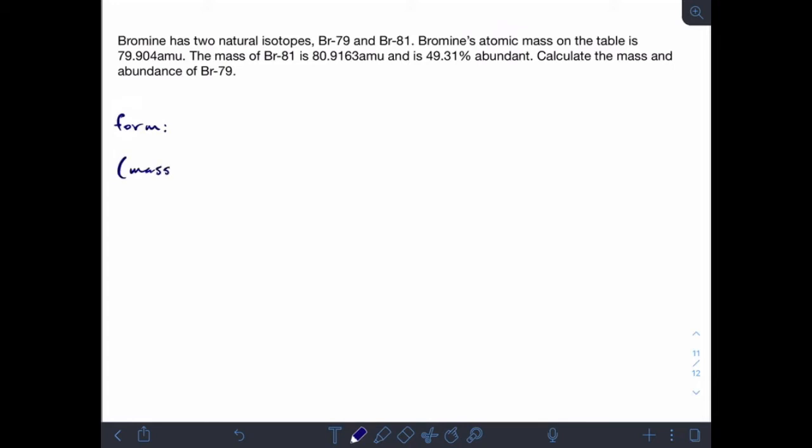So mass of bromine 79 times abundance of bromine 79 plus the mass of bromine 81 times the abundance of bromine 81 equals the average atomic mass on the periodic table, which is 79.904 AMU.